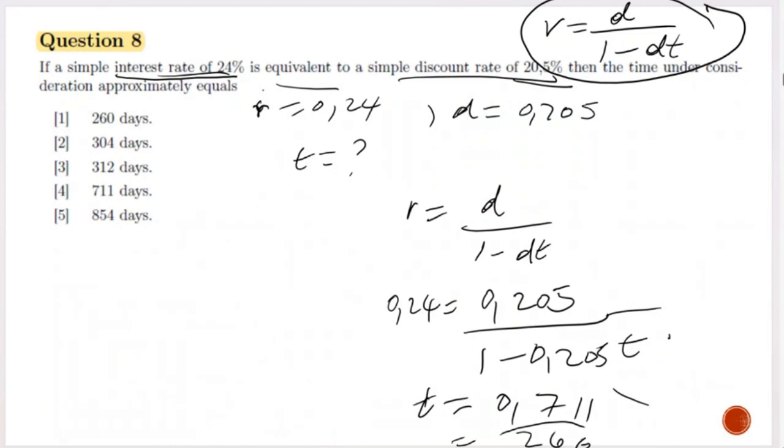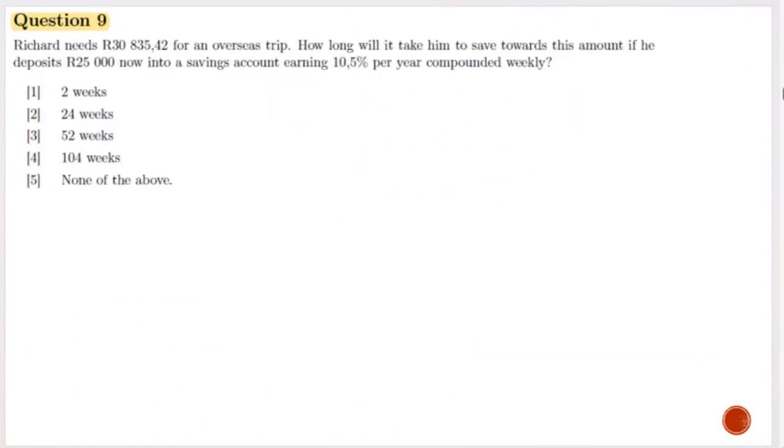Here you multiply by 365. Why? Because your answers are in days, so you need to multiply it by the number of days. If it was weeks, if it was saying 34 weeks, you are going to multiply this by 52. Okay, so that is another thing that is important in this question.